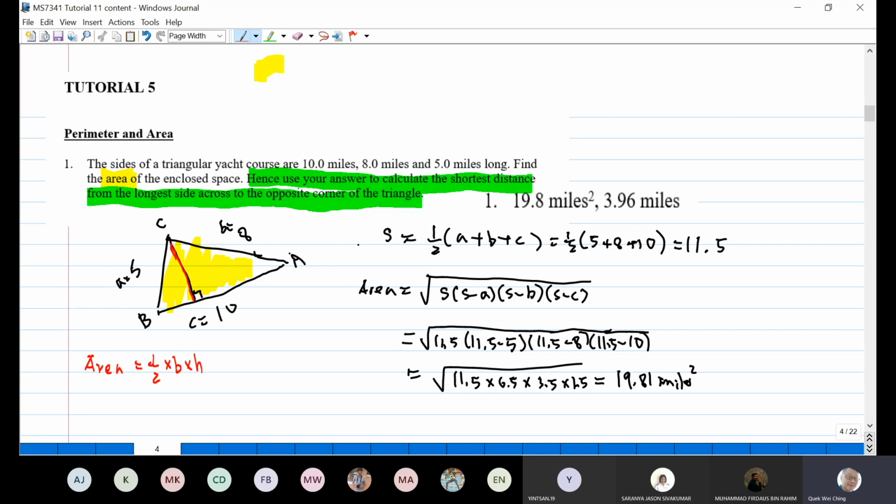So in this case, I know area of triangle is 19.81 from part 1. The base of the triangle you can see is 10. So that means you get half times 10. Height you don't know. The height is what you want.